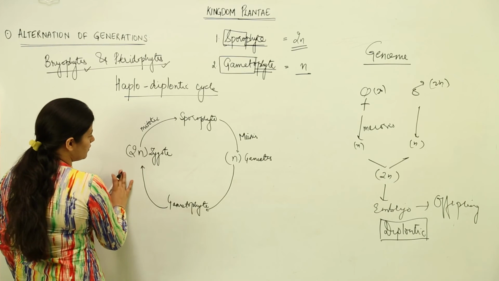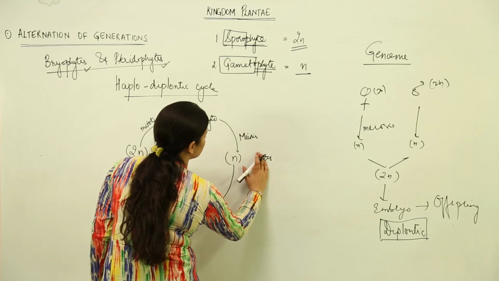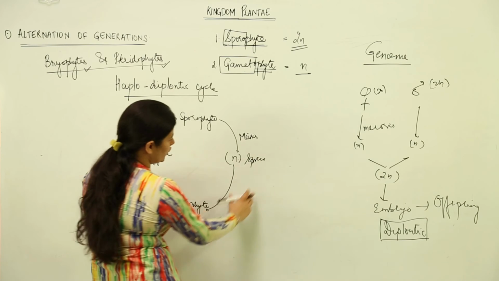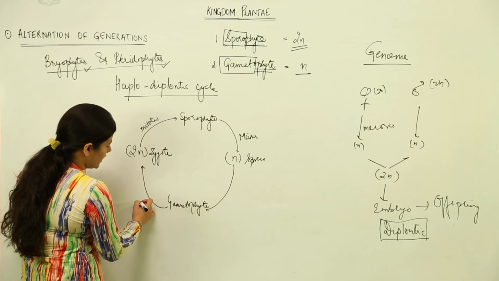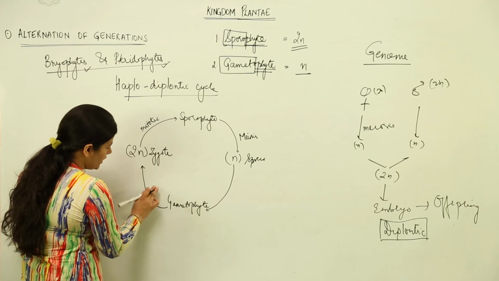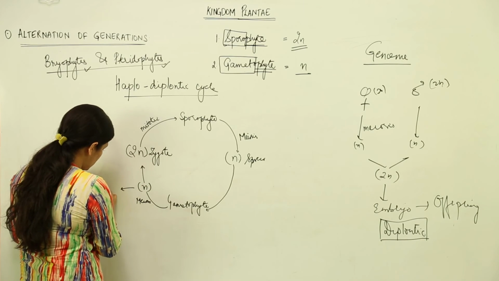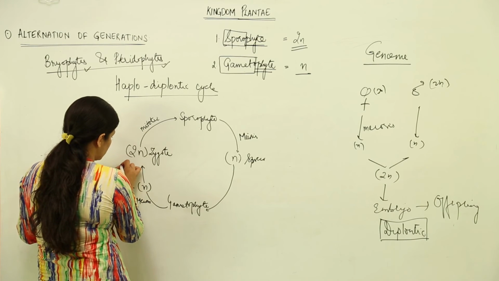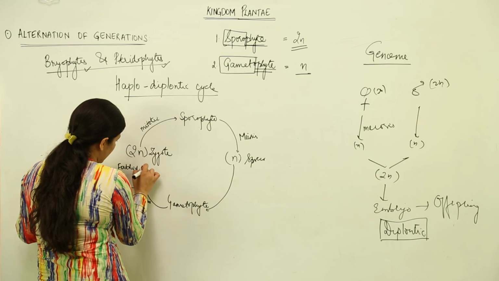Not over here, these are not gametes, these are the spores which germinate. Haploid spores which germinate give rise to gametophyte. This gametophyte undergoes meiosis, it forms gametes. These gametes, they unite, that is by the process of fertilization, and zygote is formed.